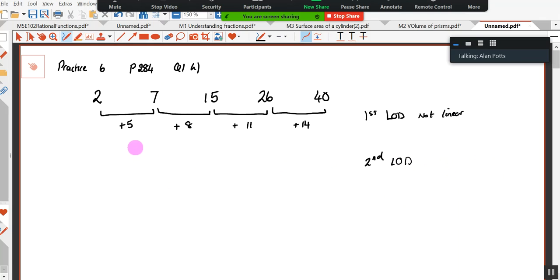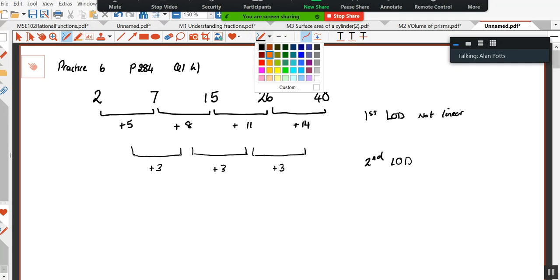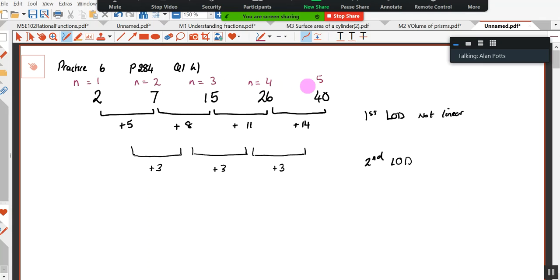All right. So the second line of difference, which would tell me if it's a quadratic or not, is +3 every time. So what we then do, if we're working from the absolute fundamental principles of what we've been talking about, is this: if this is the first term, the second term, the third term, the fourth term, the fifth term, that means n is 1 here, n is 2, n is 3, n is 4, n is 5.